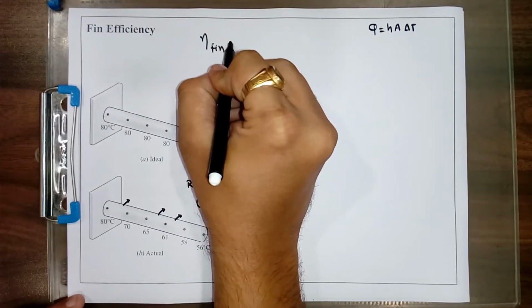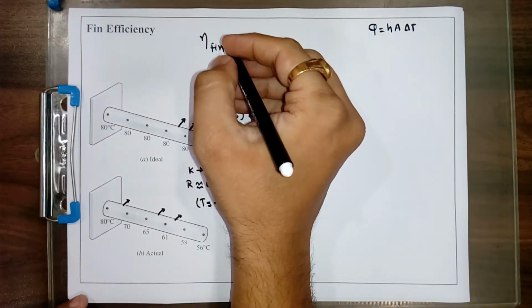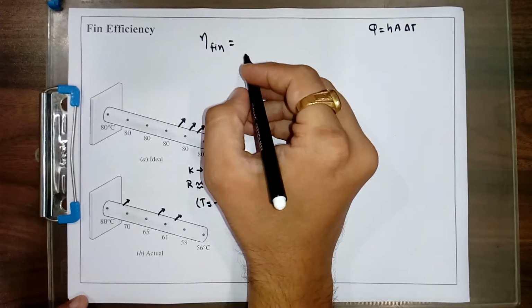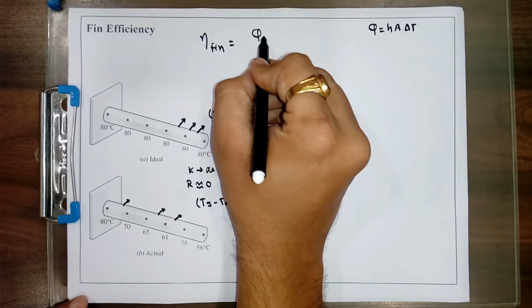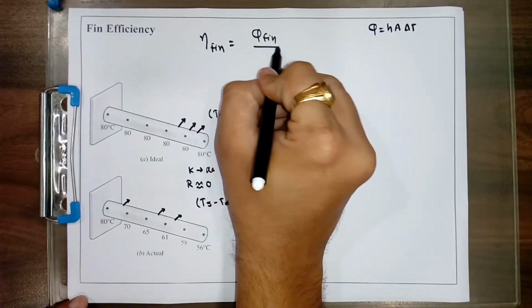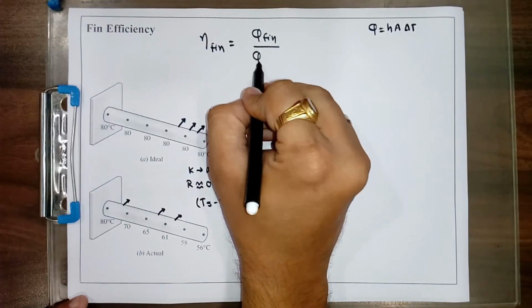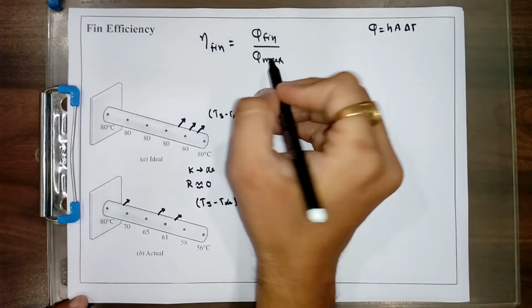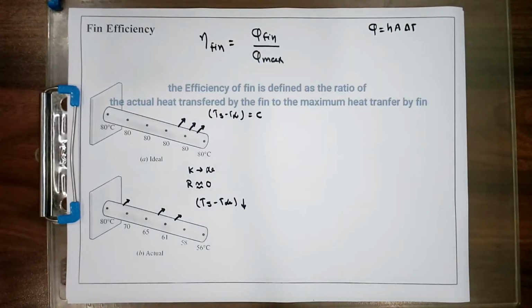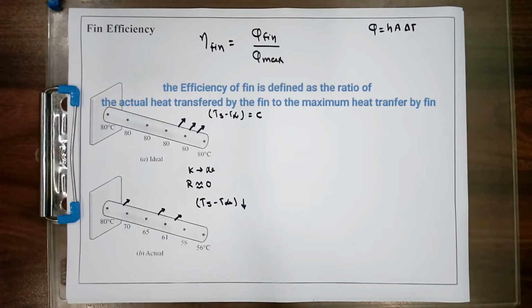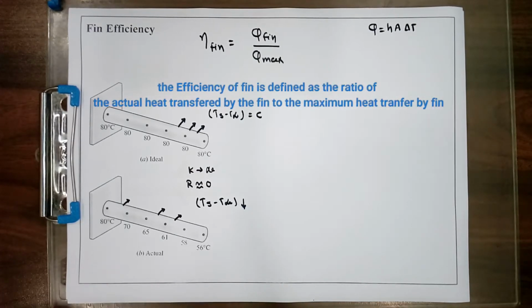Efficiency is indicated by eta, and we indicate it for the fin. So eta fin equals q fin, that is actual, divided by the ideal one, which we can write as q maximum. So the definition of fin efficiency is the ratio of the actual heat transfer by the fin to the maximum heat transfer by the fin.